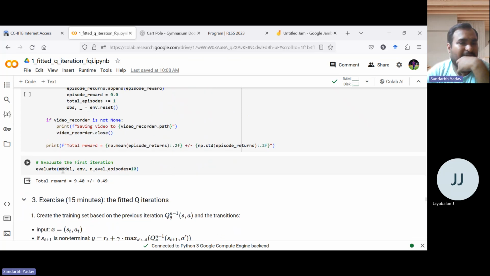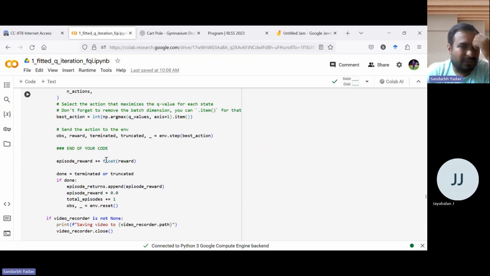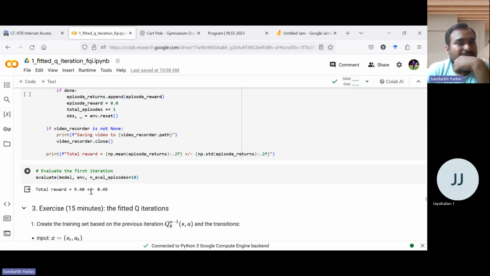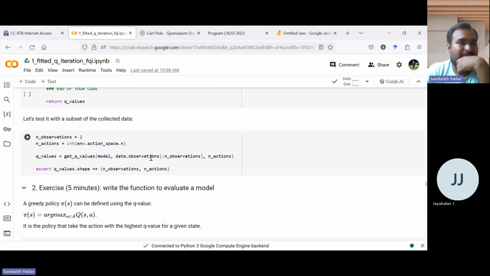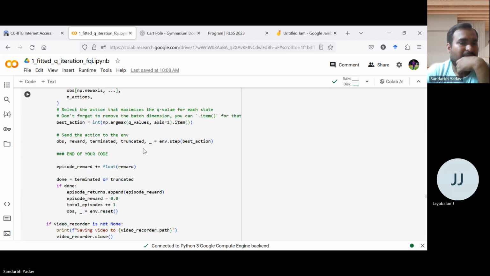They have written this evaluation function, and they are calculating the episode reward, total reward, and all those things. This is the result which we got. This is just for testing purposes. They are basically testing how good their approximator is.